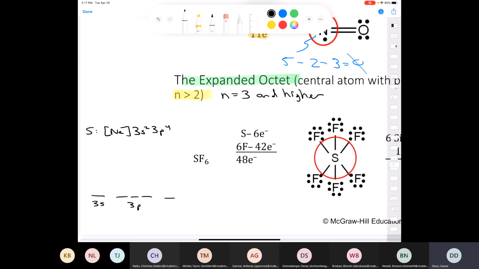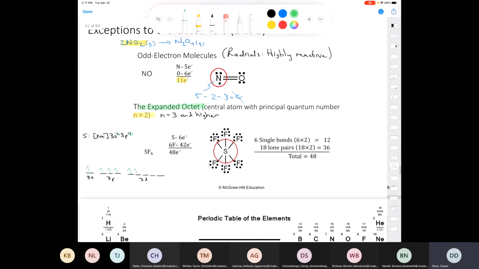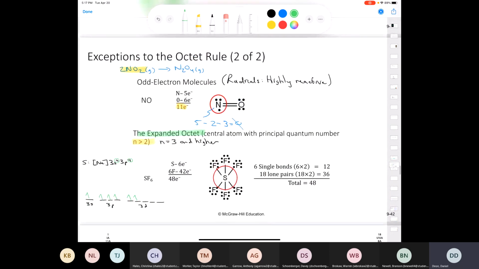Then I also have the 3d orbitals, 1, 2, 3, 4, 5, that are available to put electrons in. Since I have a total of 1, 2, 3, 4, 5, 6 valence electrons, I can put them 1, 2, 3, 4, 5, 6, and now I've got 6 unpaired electrons, which enables my sulfur to form a total of 6 bonds in this molecule called sulfur hexafluoride. Notice that there's still no formal charge in this molecule.